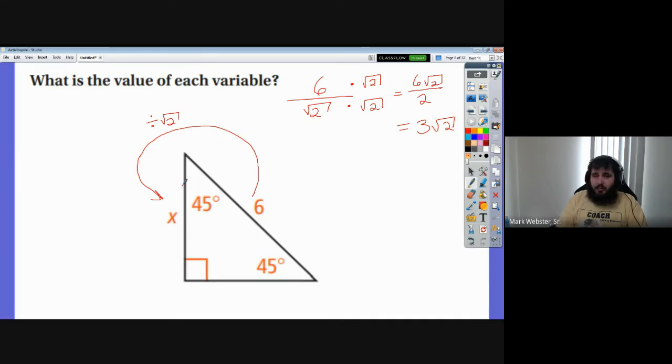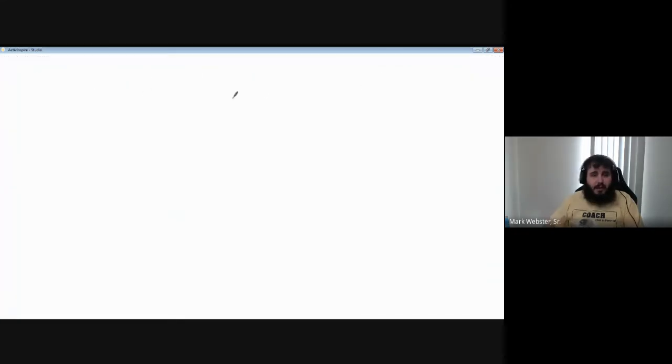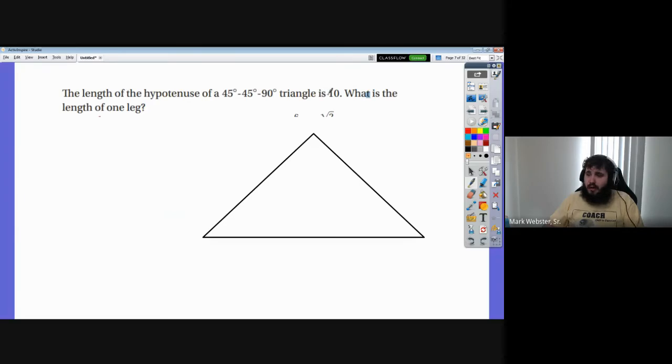It's up to you. They tell you the length of the hypotenuse of the triangle is 10, and they want to know what's the length of one leg. Okay, all right. So, again, they're telling you that the hypotenuse is 10. Draw a picture, label it. Here's our 90-degree angle. These are both 45 degrees.